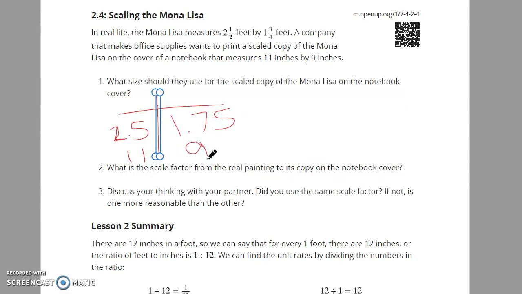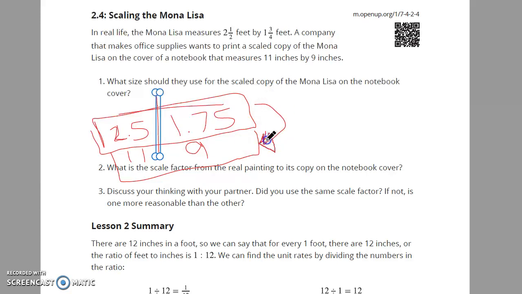So how can we get from this larger feet to the inches down here? What is your constant of proportionality to get from here to here?